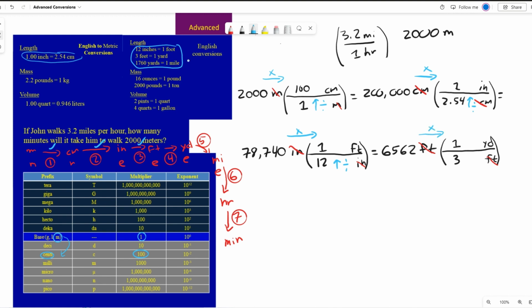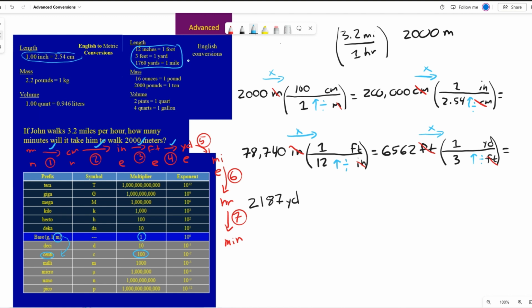We'll multiply across and divide up. And when we do that, if we take 6,562 times 1 and then divide it by 3, we get 2,187 yards. All right, well, that was our fourth step.